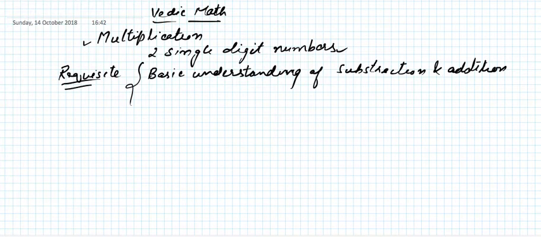Another is that you should be aware of the tables till 5. So once these two requirements are fulfilled, you can do any complex multiplication in the Vedic math.